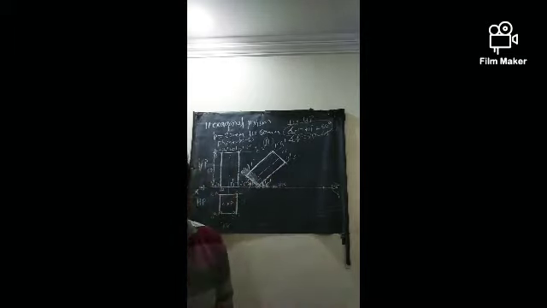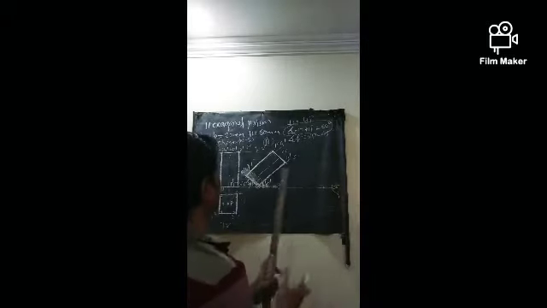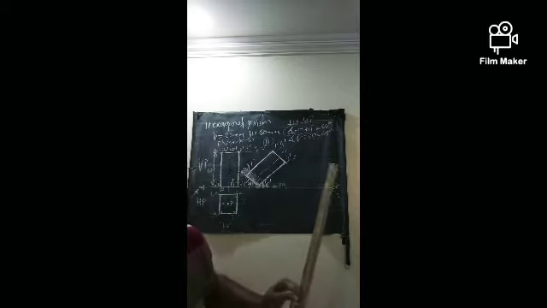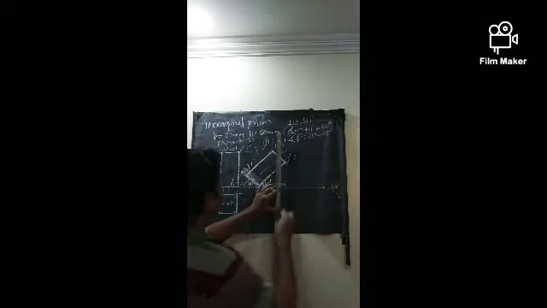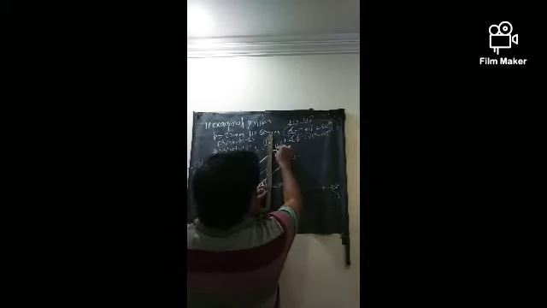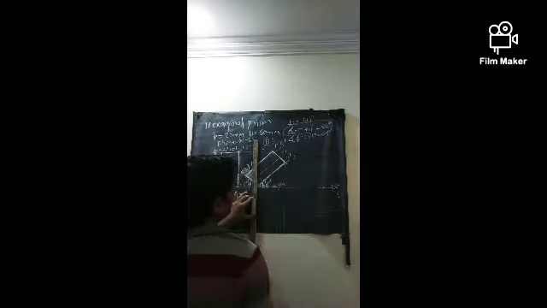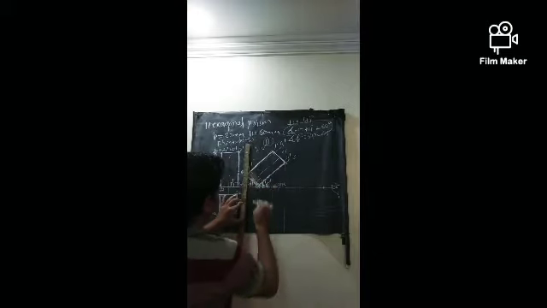Correct. After this, we have to draw its projection in downward direction, like this. I mean from 2 dash, 3 dash in downward direction, 4 dash and 1 dash in downward direction, B dash, C dash in downward direction, P dash in downward direction, A dash and D dash in downward direction.